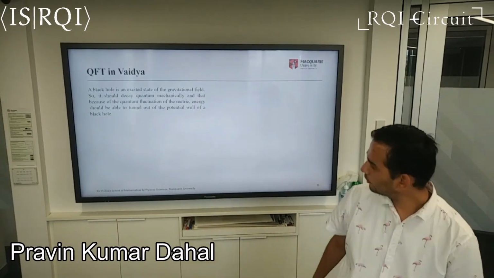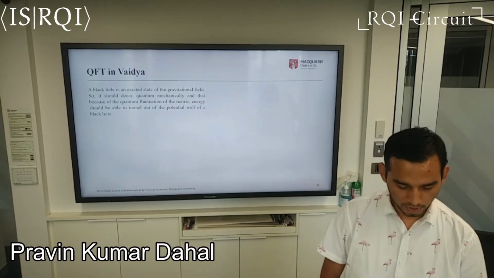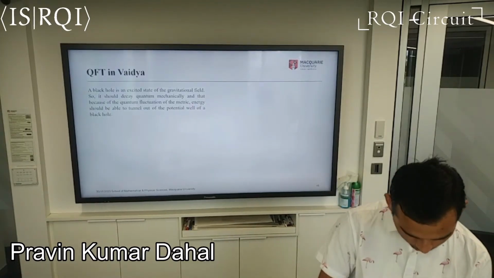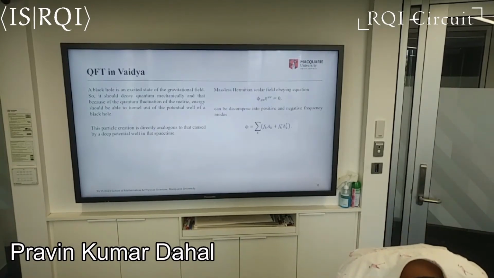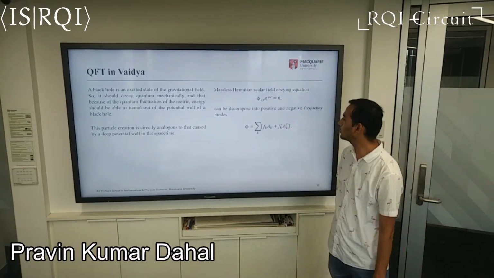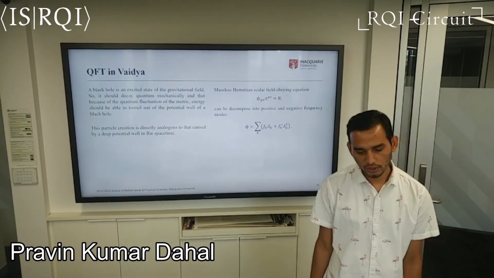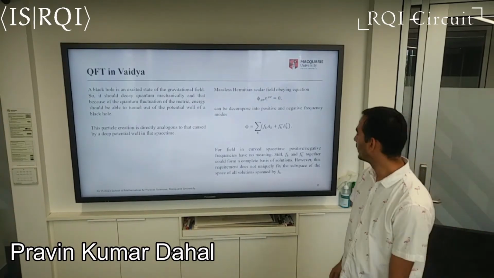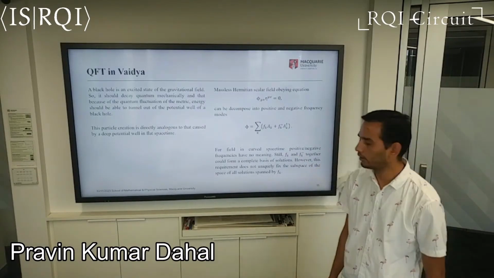And after that, given this possibility of a superradiance-like process in the spherically symmetric case, we turn to particle production. Let me skip this and just mention that if we consider field equations in Minkowski spacetime, we can expand the field into positive and negative frequency modes, and these modes are well defined in flat spacetime because of the existence of a global time-like Killing vector.